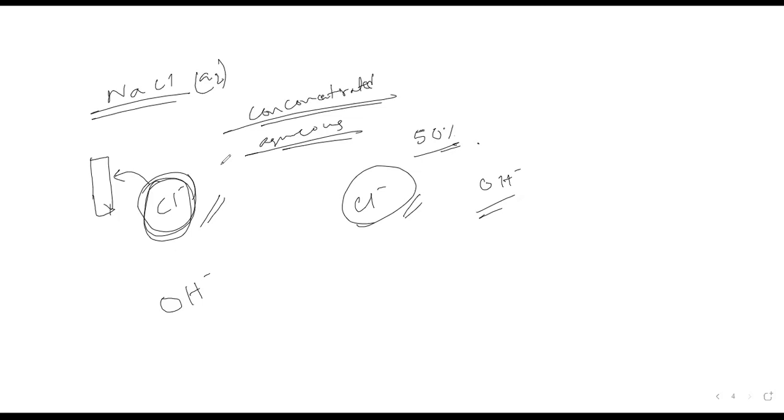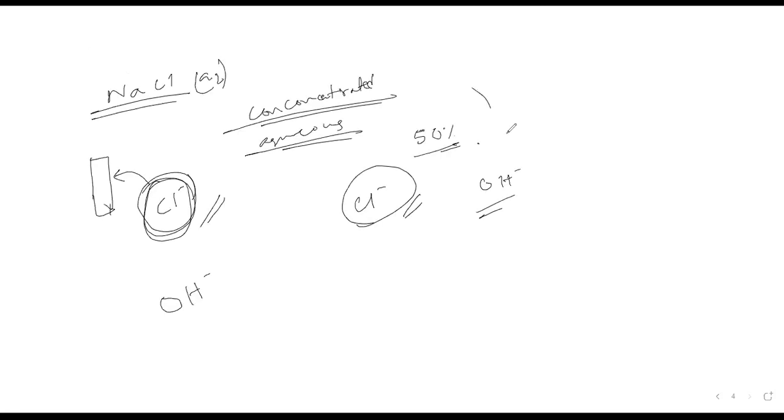Now let's do a simple calculation to make things clearer. Let's say we have been given a solution. It's copper 2 sulfate, CuSO4. Okay, rather than CuSO4, let's do H2SO4.